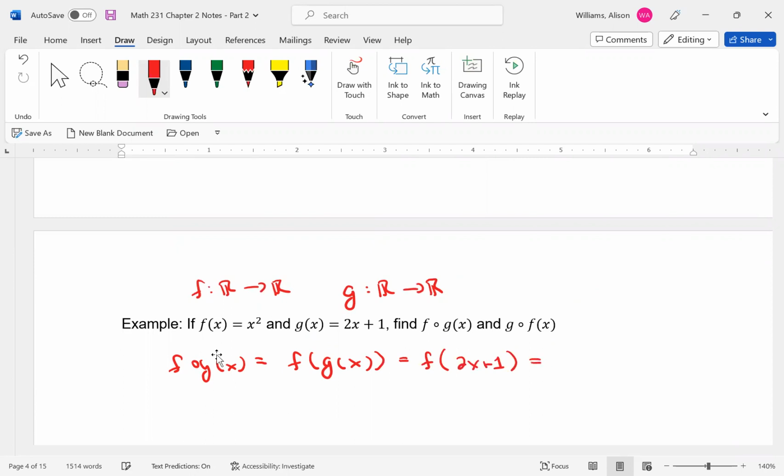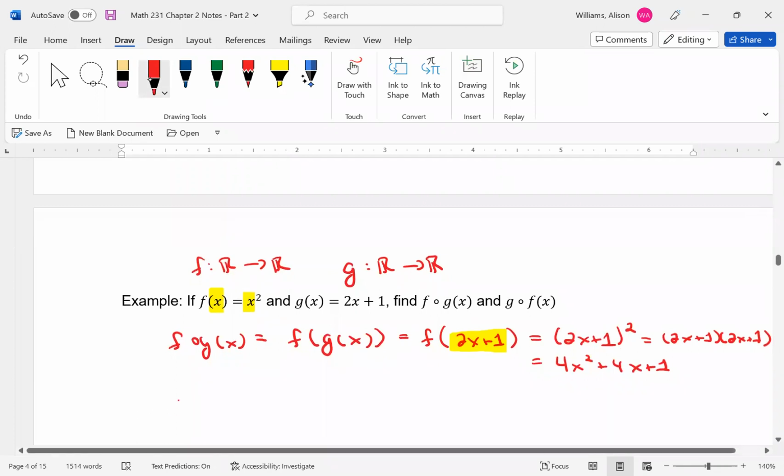So I'm taking 2x plus 1, and plugging that in for x. That means I'm going to take that and square it. So this equals (2x plus 1) squared, which if I FOIL that out is (2x plus 1) times (2x plus 1), which is 4x squared plus 4x plus 1. Cool. There we go. Now they want us to go the reverse direction, G composed with F.